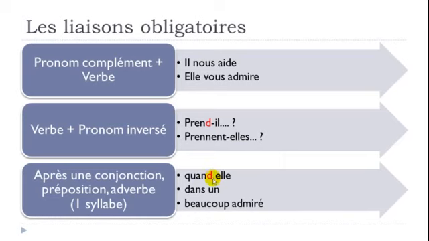Remember, when you will have this D, you will phonetically pronounce it like T. Quand elle, dans un, in that case you've got this préposition dans, and then the article, dans un, and here we've got this adverb, beaucoup, and then admirer, beaucoup admirer. Quand elle, dans un, beaucoup admirer. So let's repeat them. Il nous aide, elle vous admire, prend-il, prennent-elles, quand elle, dans un, beaucoup admiré.